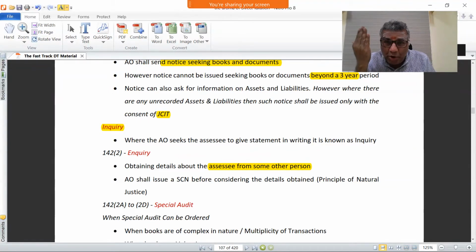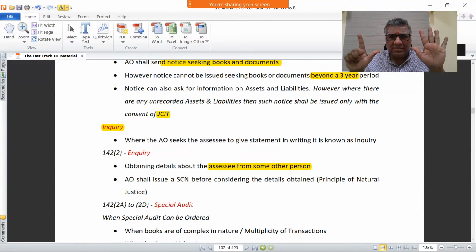When I see your books of accounts, you have only recorded 70 lakhs. The customer has recorded that he has purchased from you for 90 lakhs. When I look into your books of accounts, you say that the sale is only 70 lakhs.